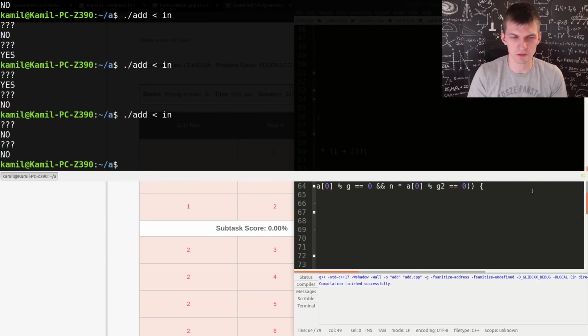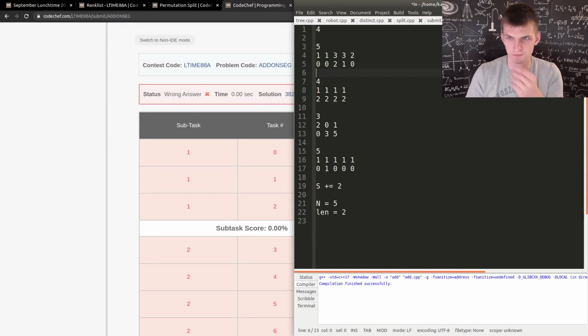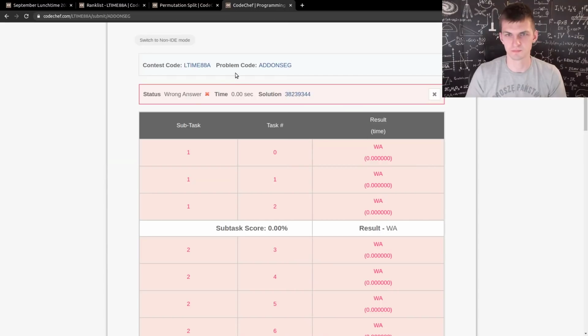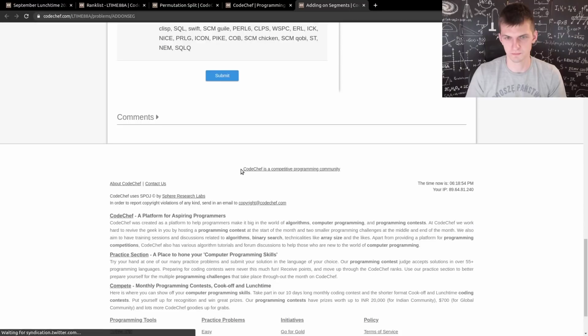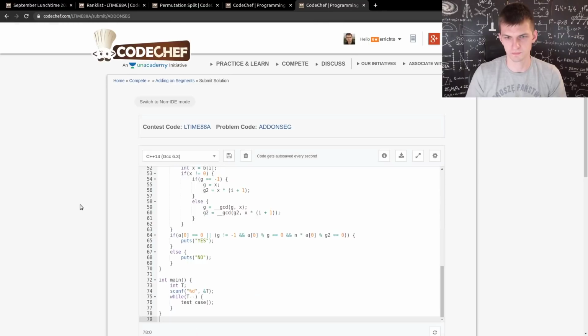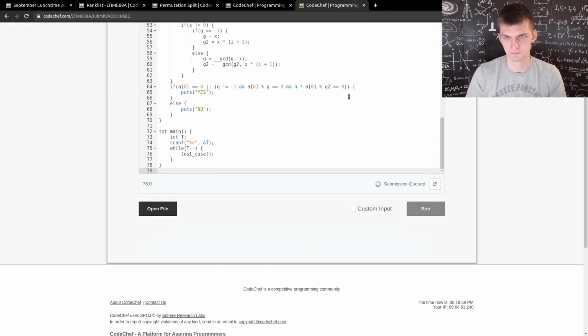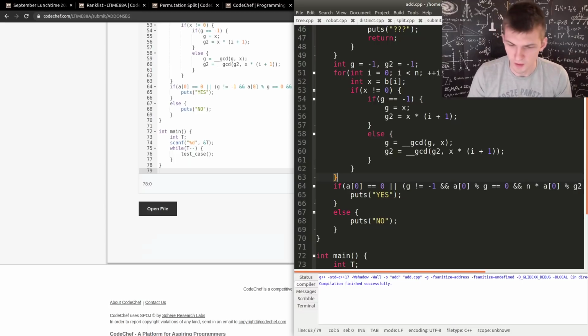I'm quite sure that this will not work, because I can add to length 2 and length 3.